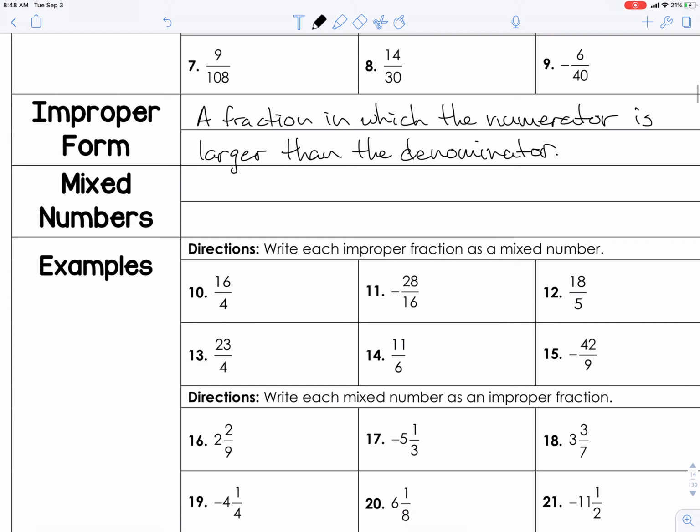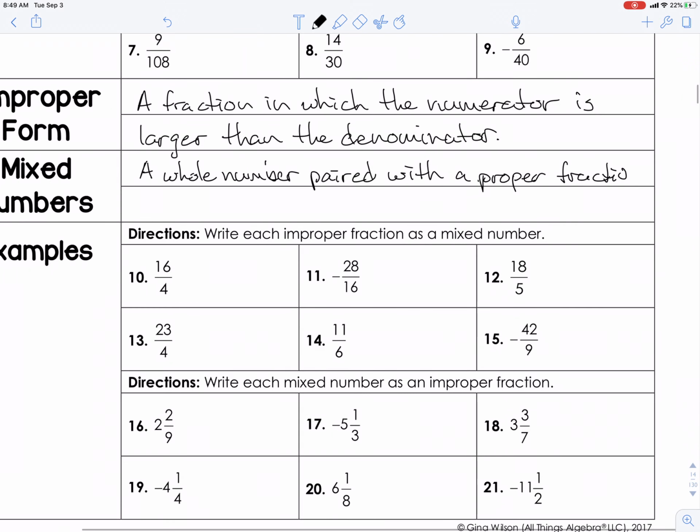Mixed numbers means a whole number paired with a proper fraction. Okay. So that just means a whole number paired with a proper fraction.